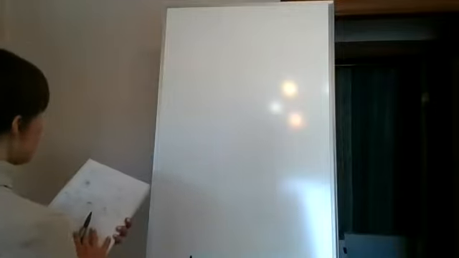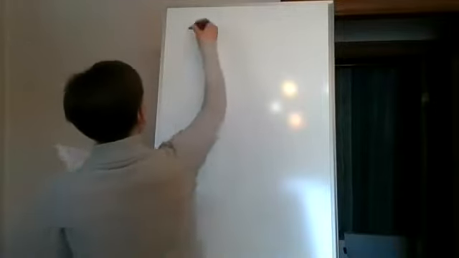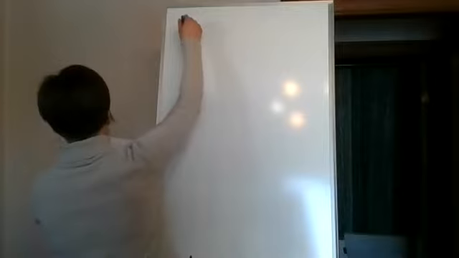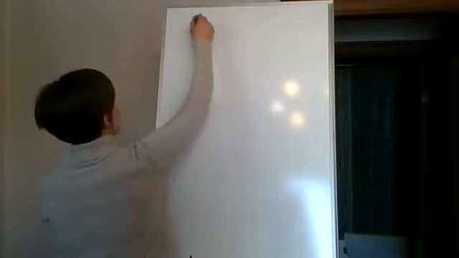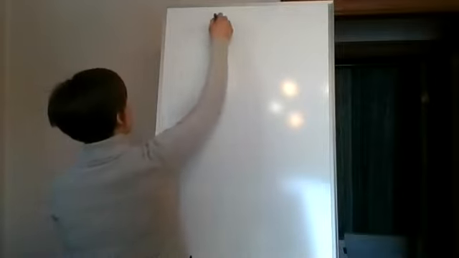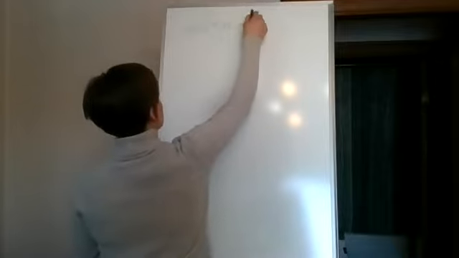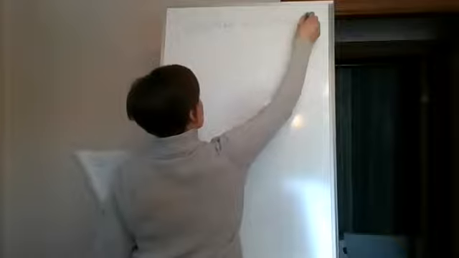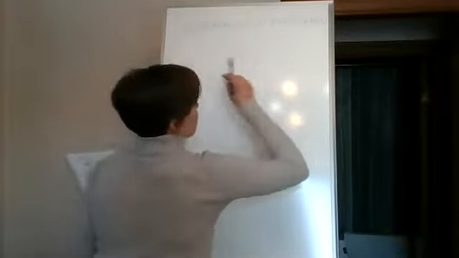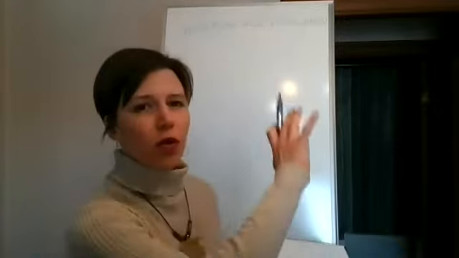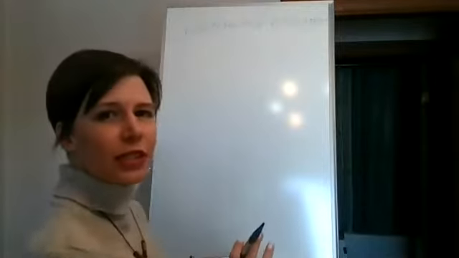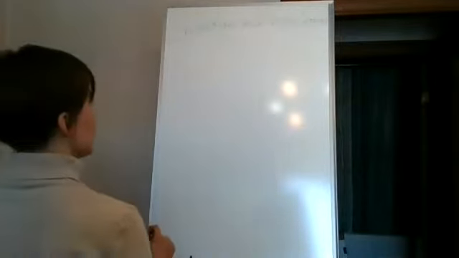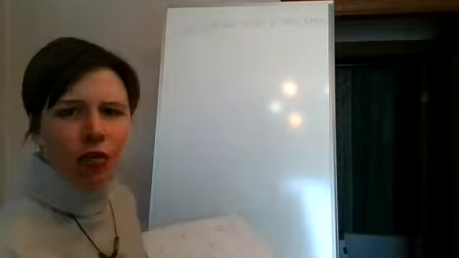Okay, so let's start here with working age population. In any given country, you've got the whole entire population, but the first slice that we start with is just the working age population.